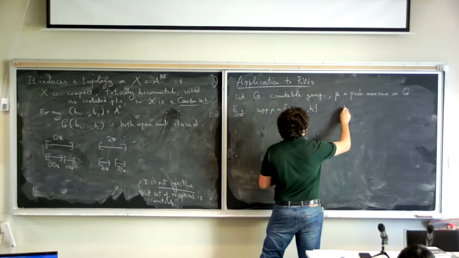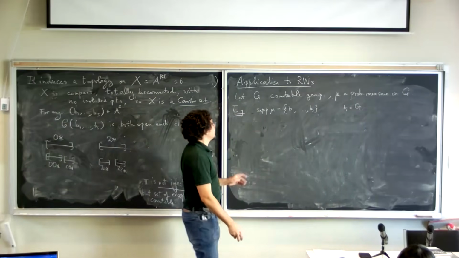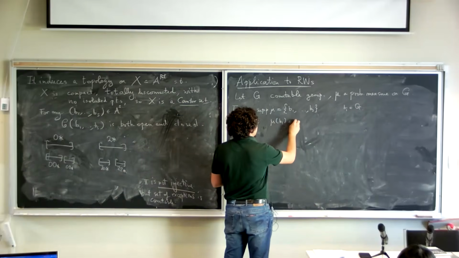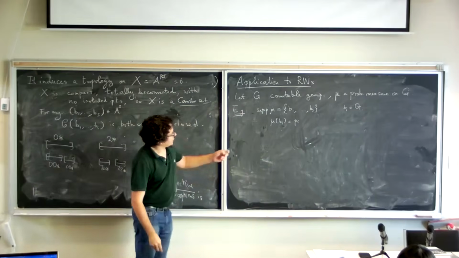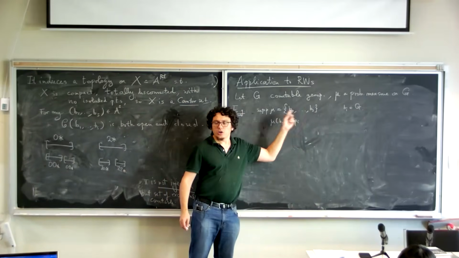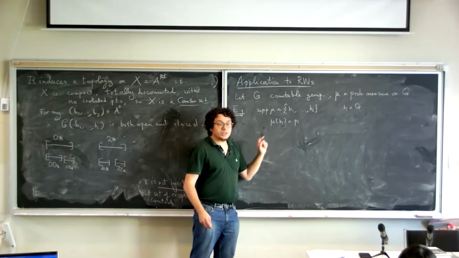So these would be group elements, and mu of Bi is exactly what we said before, it's like Pi. So you have a vector, you have S group elements, and to each of them you associate a probability.